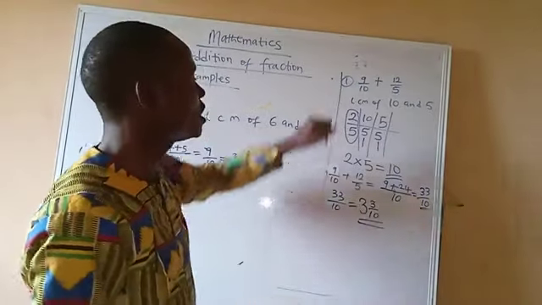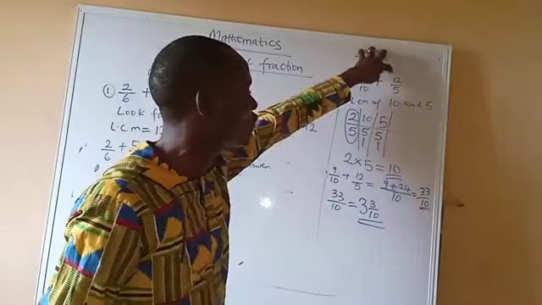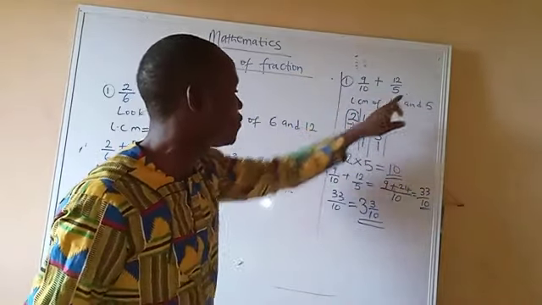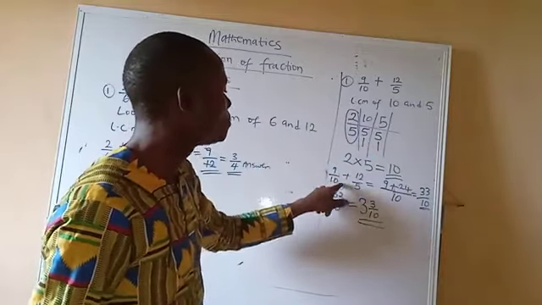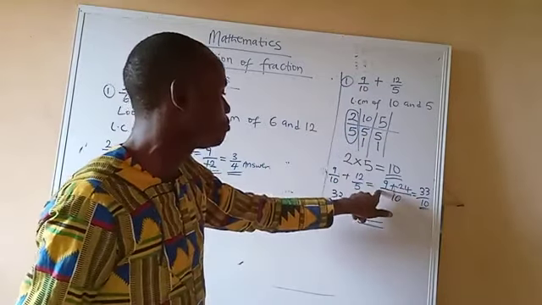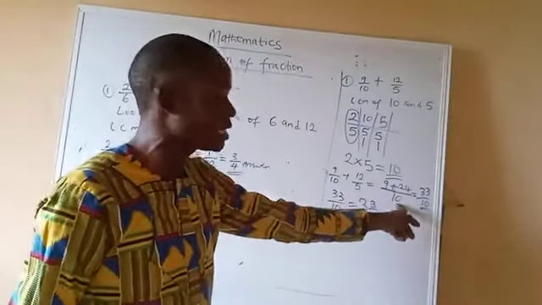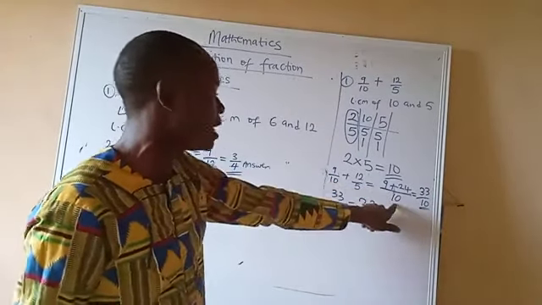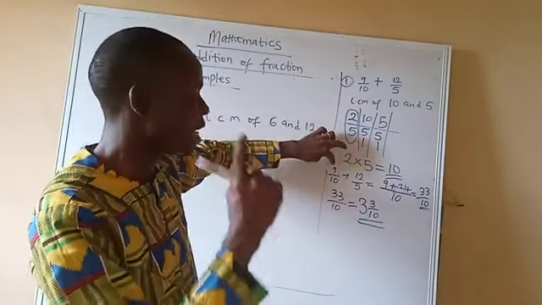When somebody gives you 9 over 10 plus 12 over 5, you look for the LCM. LCM of 10 and 5 will give us what? 10. This is how we solve the LCM. Then I'm repeating this, you put your division line, you put your LCM under as the denominator. So this denominator 10 divided by 10 gives you 1. 1 times 9 will give us 9.